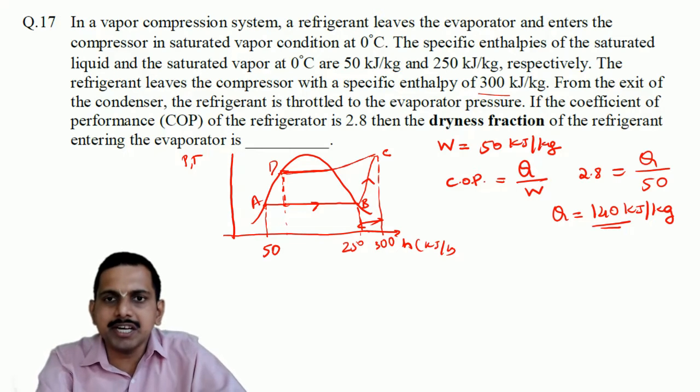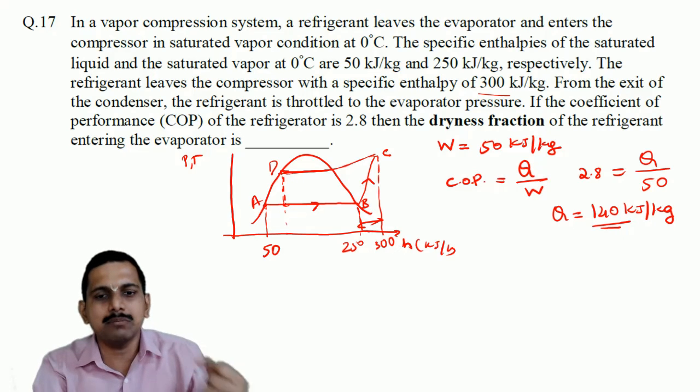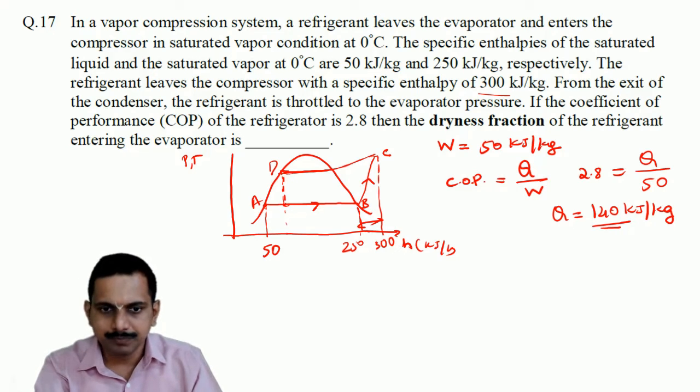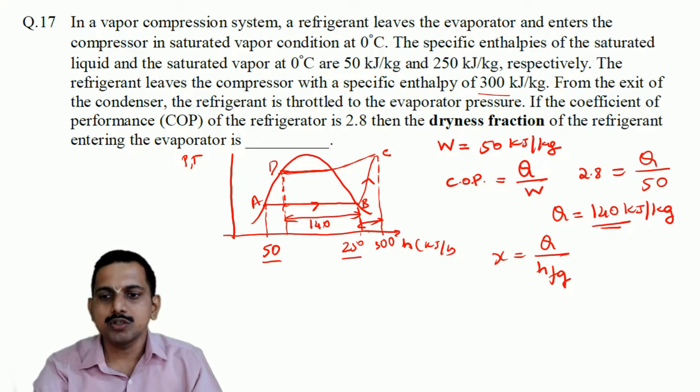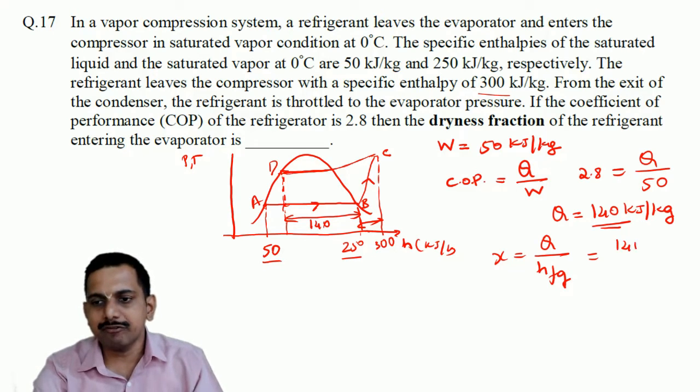So now if 140 kilojoules per kg of heat is taken by the refrigerator from the evaporator, then this distance has to be 140. Now if I have to find the dryness fraction, with the heat removed Q, the dryness fraction is heat removed divided by hfg. hfg is 250 minus 50, which is 200.